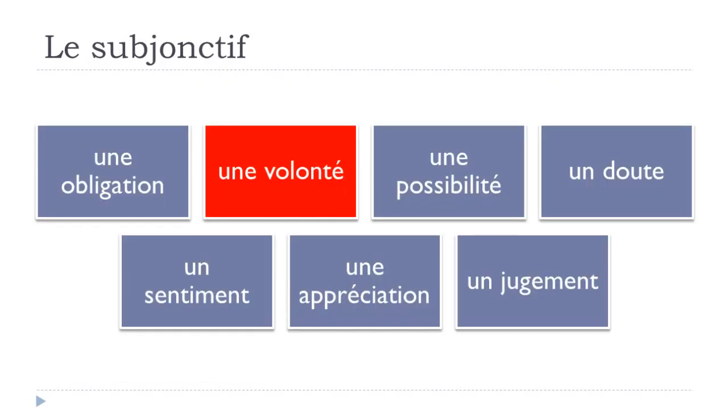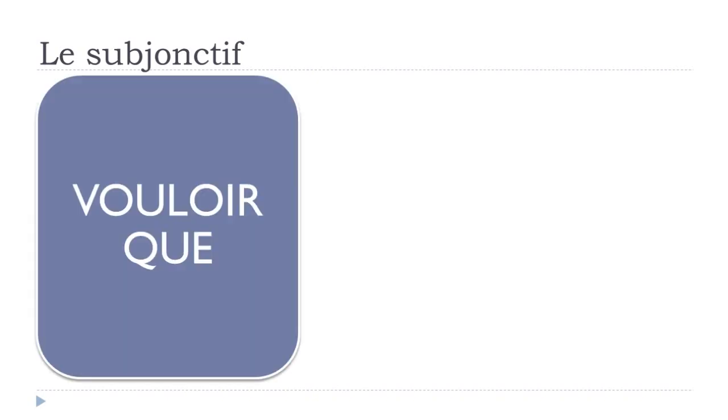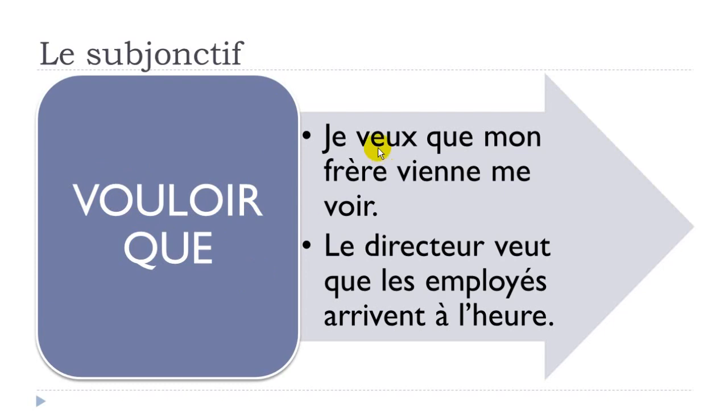So, une volonté, something you want to do, and the verb that we normally tend to use is the verb vouloir, to want, okay? Vouloir que will be followed by le subjonctif. For instance, je veux que mon frère vienne me voir, all right? Je veux que mon frère, my brother, here you've got the subjunctive form of venir, to come, me voir, see me, okay?